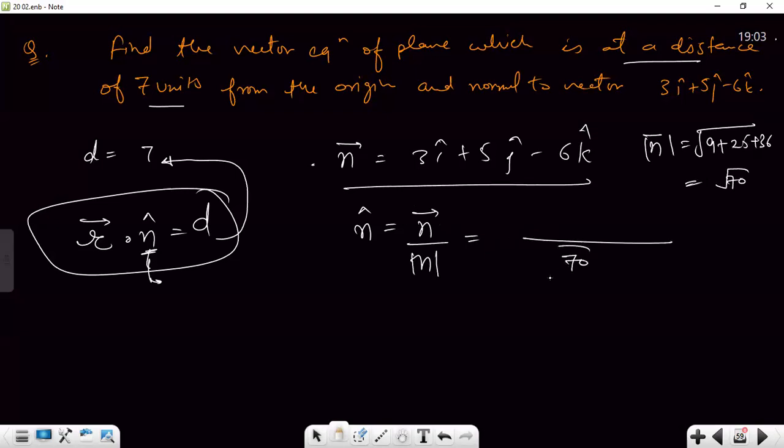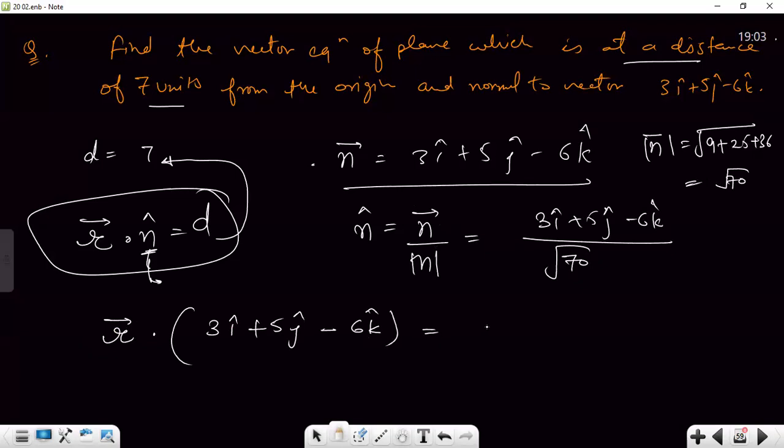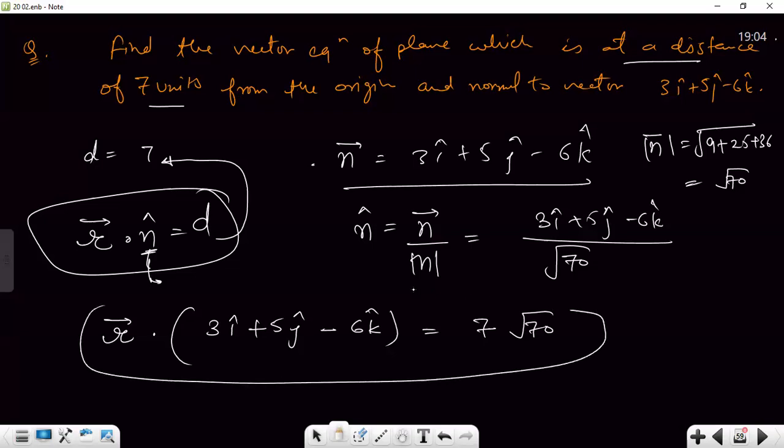So r vector dot 3i cap plus 5j cap minus 6k cap equals 7 into root of 70. We have brought the root of 70 to the right-hand side. This is our answer, the equation of the plane.